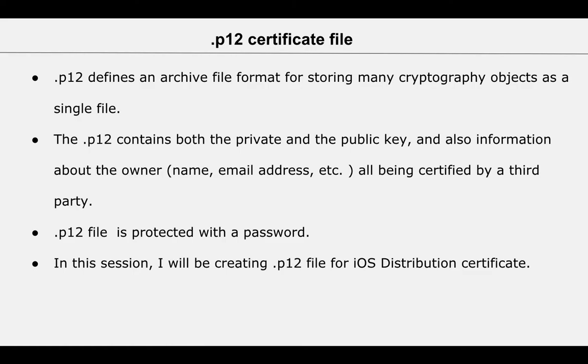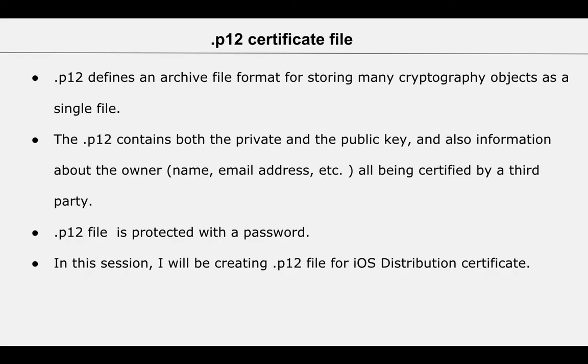As it says, it is basically a file format for storing many cryptography objects as a single file. So in this case, we are going to store some files and certificates.